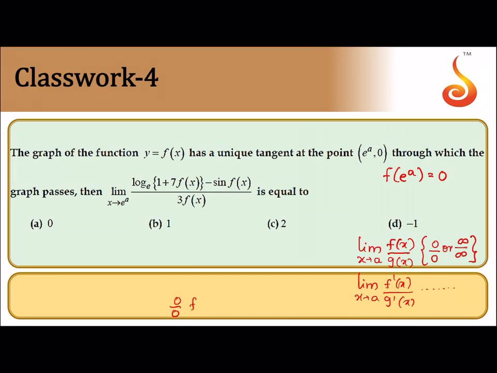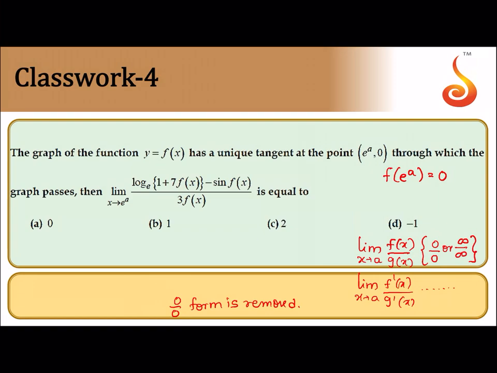Suppose it is in the form of 0 by 0 or infinity by infinity, we differentiate numerator and denominator separately, f dash x by g dash x. Keep on doing this process until the 0 by 0 form is removed.